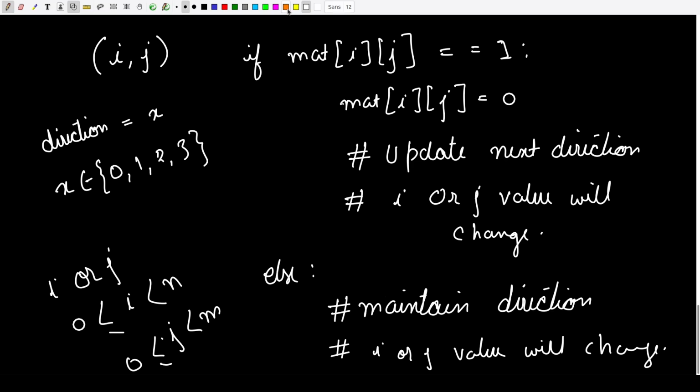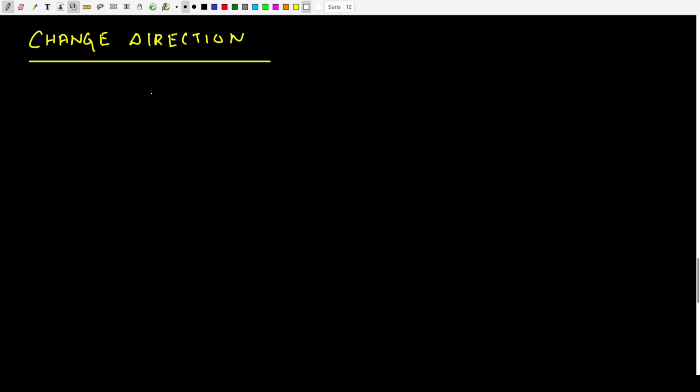Before I discuss the pseudocode for this problem, let us first discuss how we are going to update our next direction. So let us discuss change direction in the cases where we would like to change our direction. As we know, our current direction is left to right, and please remember, left to right is something I'm representing by 0. So this 0 simply means I'm going from left to right.